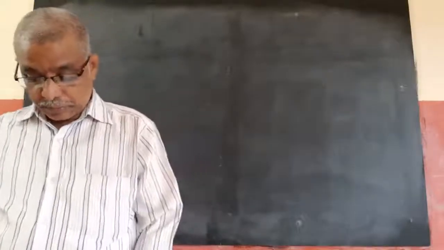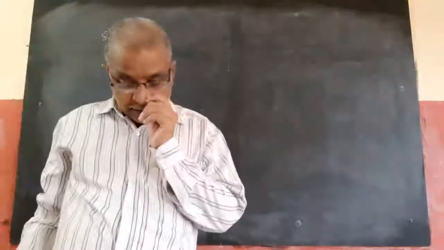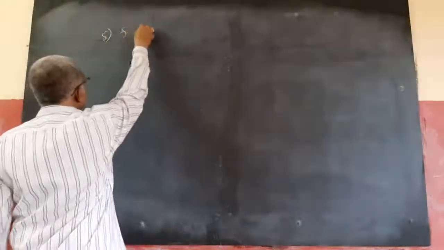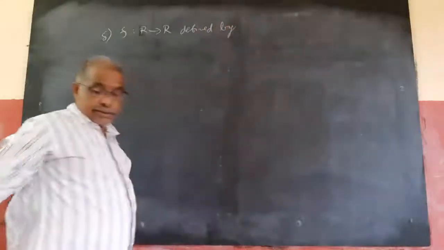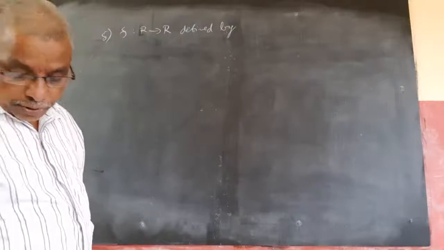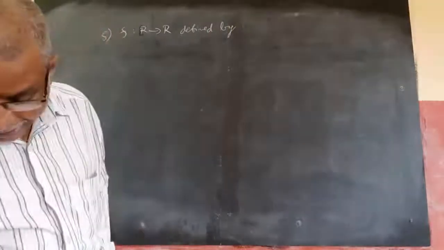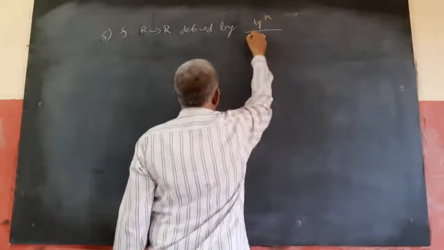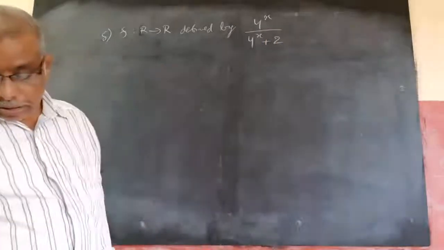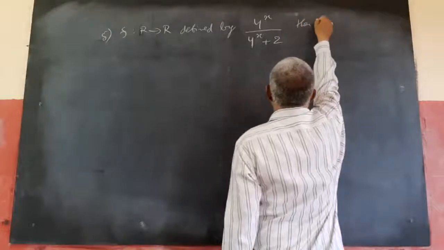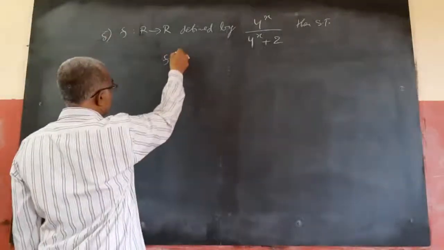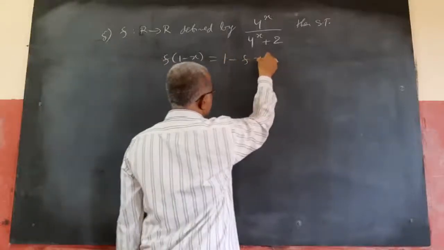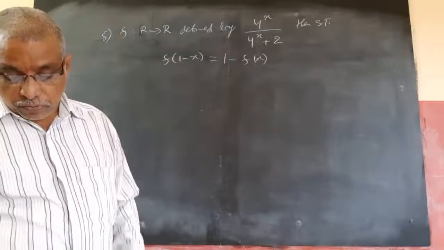We will have to solve some functional sums. If f is a mapping from R to R defined by f(x) = 4^x / (4^x + 2), then show that f(1 - x) = 1 - f(x).